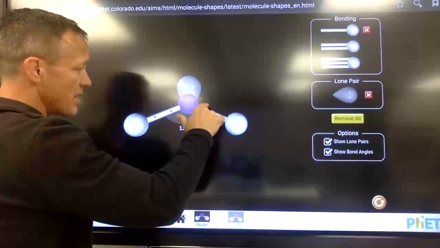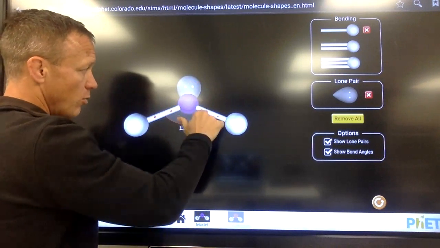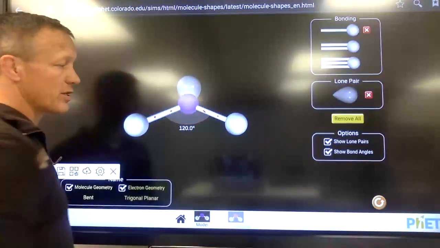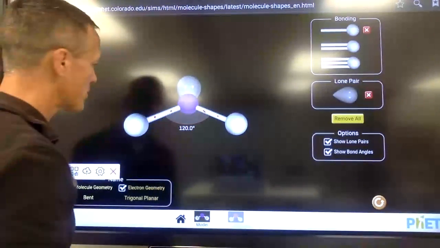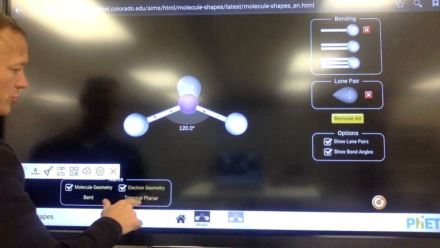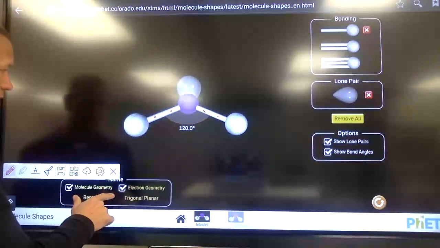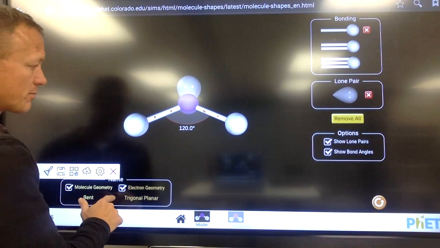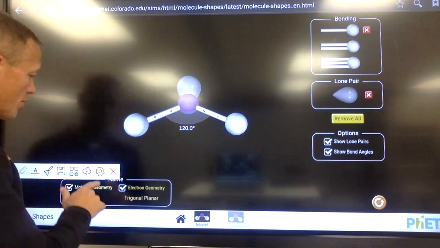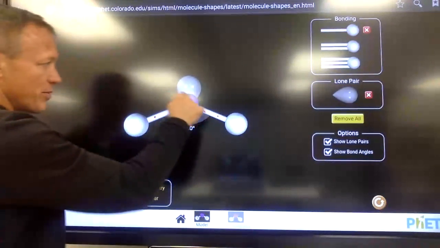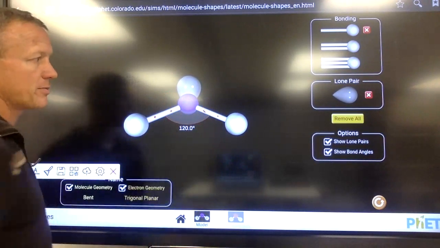As far as they can be, it would be about 120 degrees that way, 120 that way, and 120 that way. So these electron pairs are 120 degrees apart all the way around. Our electron geometry, where our electrons are at, is called trigonal planar. Our molecular geometry, the shape of the molecule itself, is just bent.